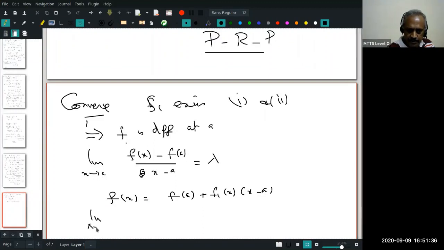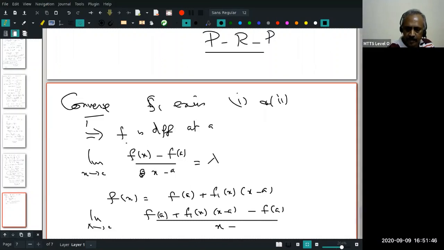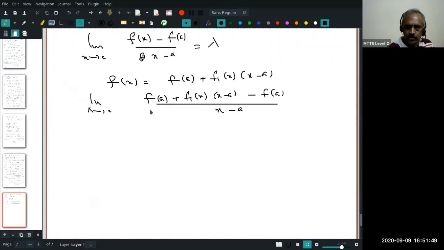Therefore, limit x tends to a of (f of a plus f1 of x into x minus a minus f(a)) by (x minus a). I have to say this limit exists. Do all of you understand? But what is this? In the numerator f(a) cancels, and we have f1 of x into x minus a by x minus a. Remember, whenever you take limit x tends to a, x is not equal to a. Therefore, x minus a is non-zero, so this is nothing other than f1 of x.